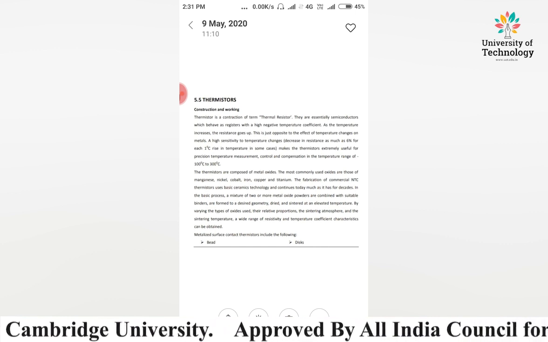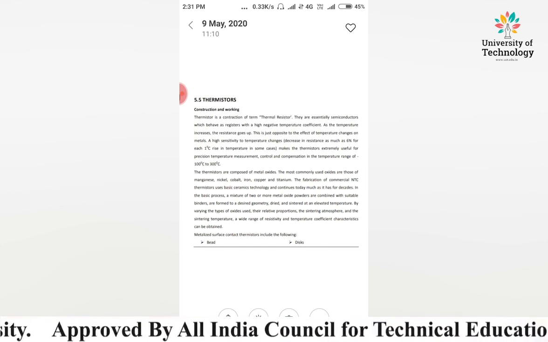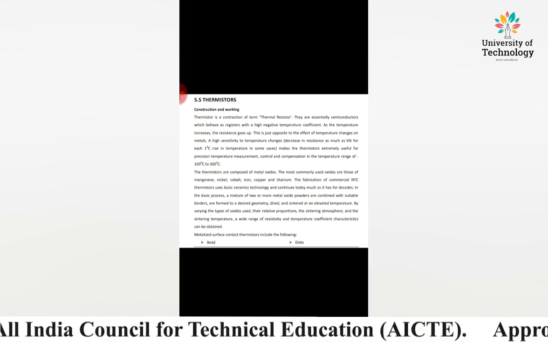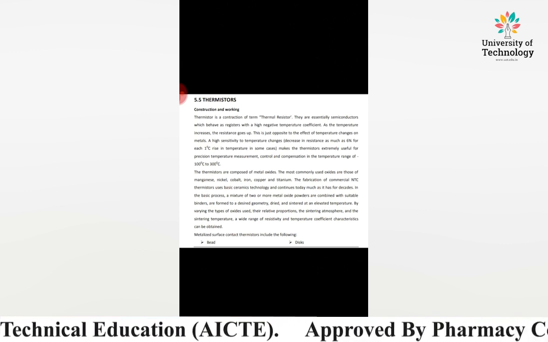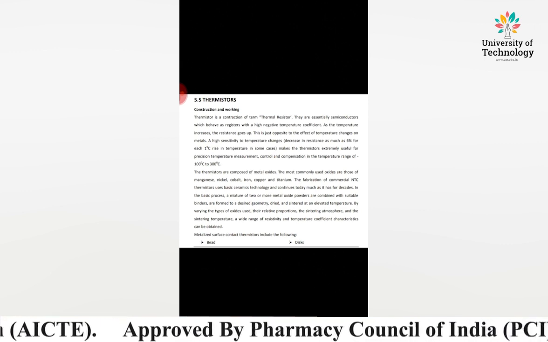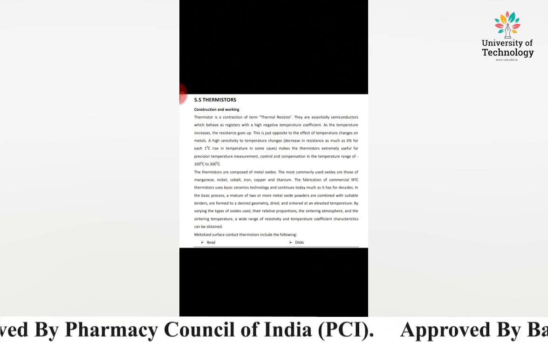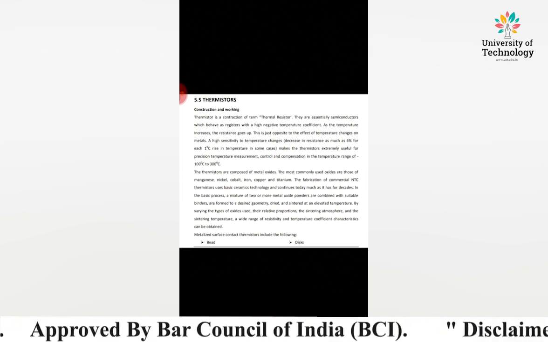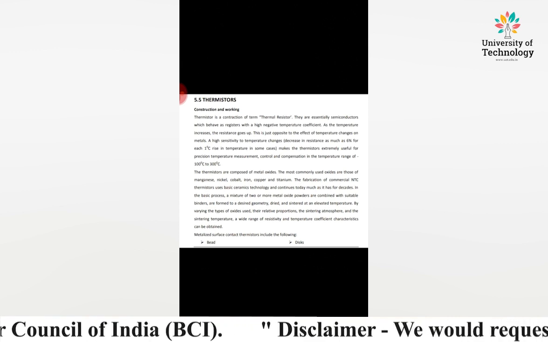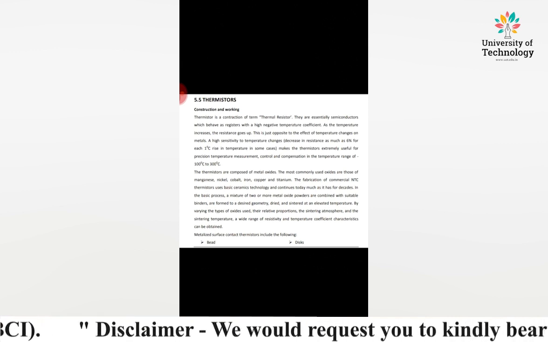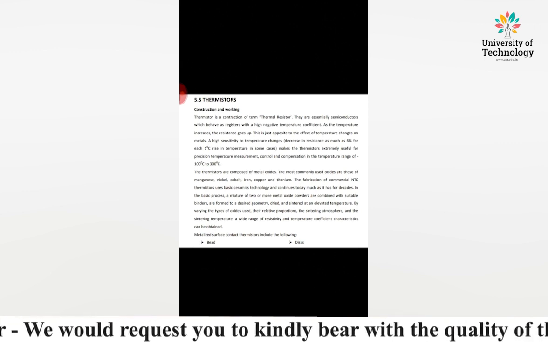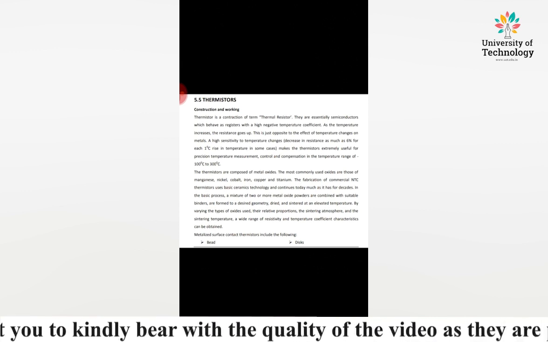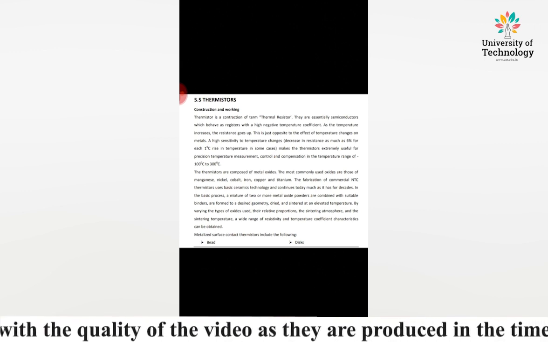In the basic process, a mixture of two or more metal oxide powders are combined with suitable binders, formed to a desired geometry, dried and sintered at an elevated temperature.